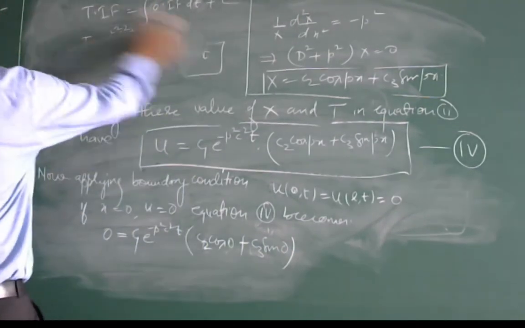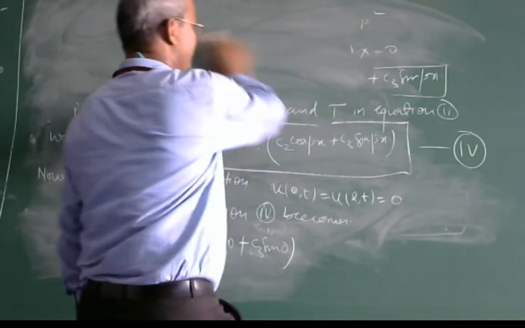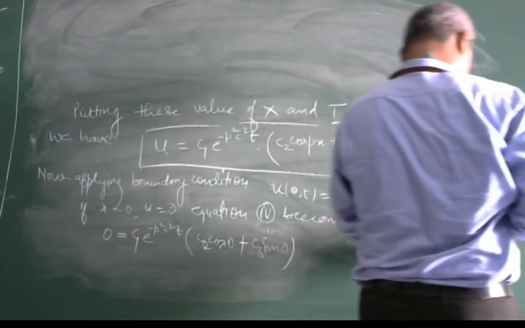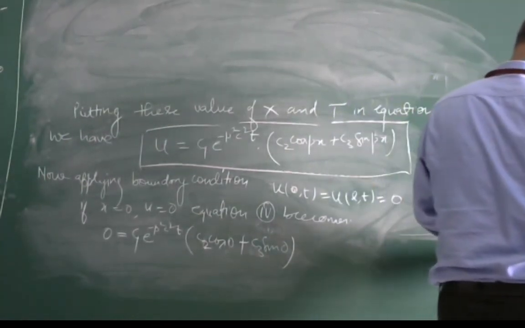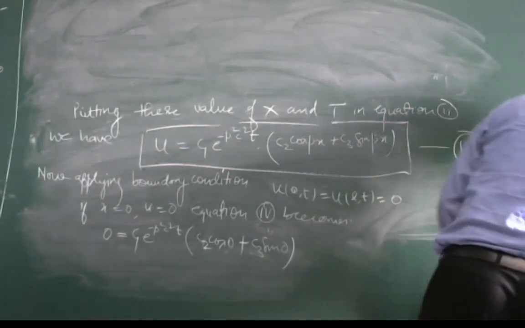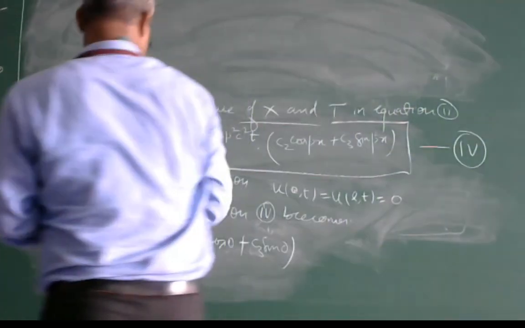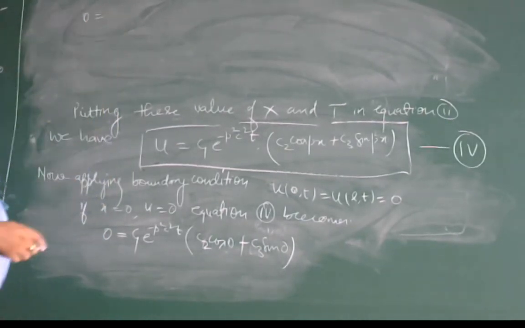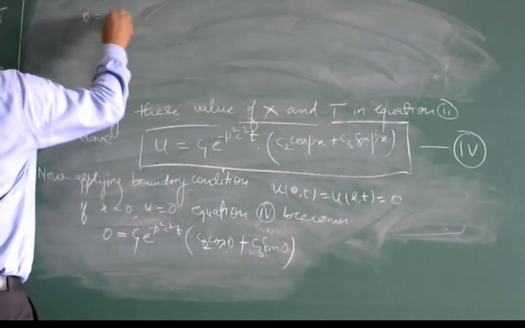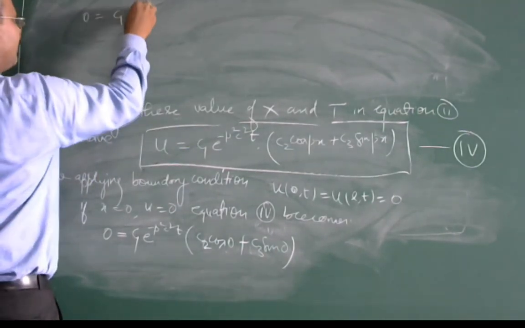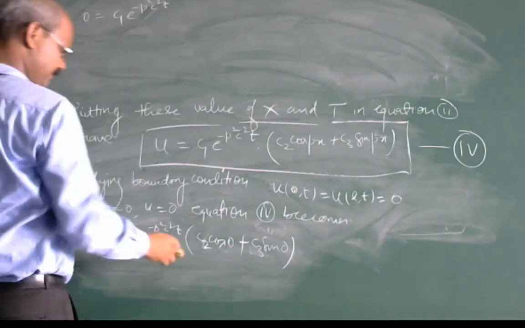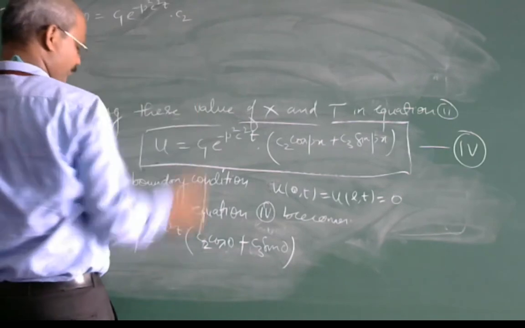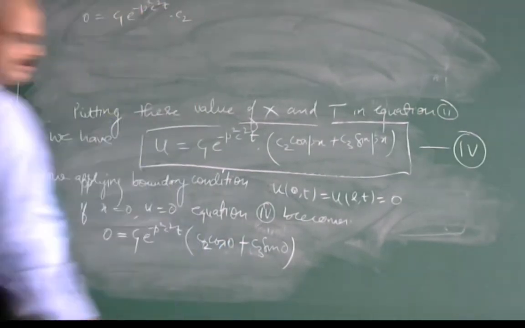So then after it becomes here, 0 equal to c1 e to the power minus p square c square t, and this is c2 into c2, because of this cos 0 becomes 1 and sin 0 becomes 0.